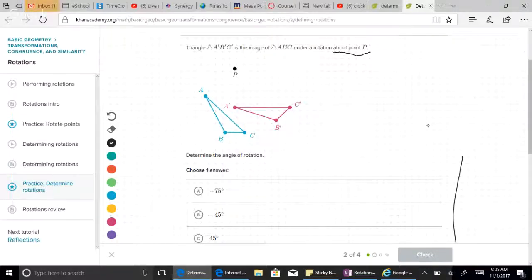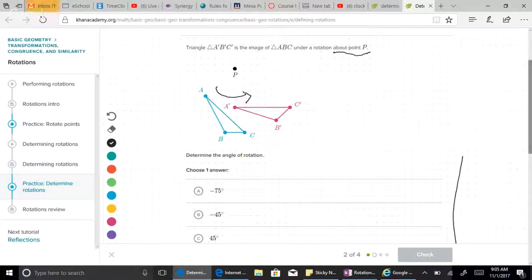So this A should be the same distance as this A as we rotate this triangle about this point. Now, we started at this A and we moved over here, so we're moving in this direction. Okay, this is counterclockwise, and counterclockwise is positive degrees.